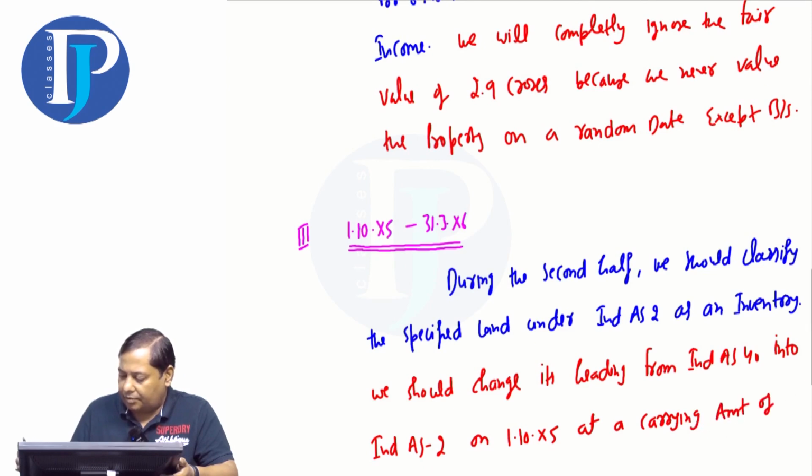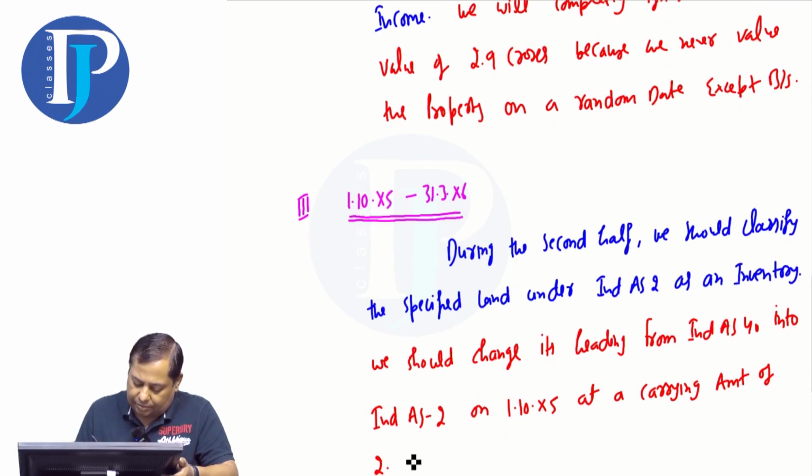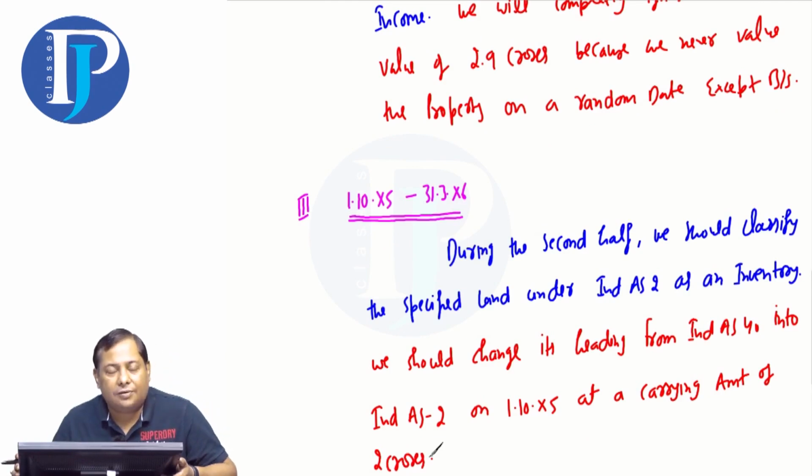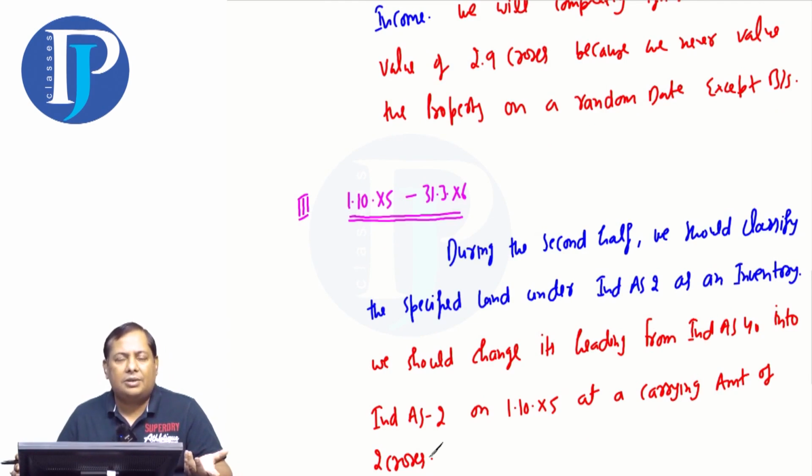at a carrying amount of 2.6 crore. No, 2 crore, because we consider carrying amount and not fair value. Land does not depreciate, it was bought at 2 crore, so it will remain at 2 crore.